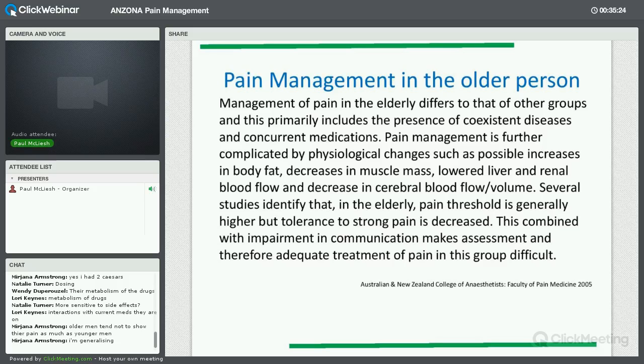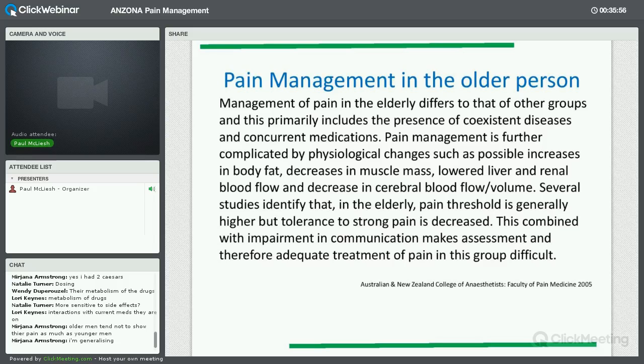There's also some studies that identify that for the elderly patients, the pain threshold is actually generally a bit higher, but once that threshold is reached, the tolerance to strong pain is decreased. So it means that often older people will put up with pain for a longer period and to a higher amount, and some people attribute that to a history of long life with lots of experiences of pain and learning to deal with pain and having more chronic pain in older life, I guess.